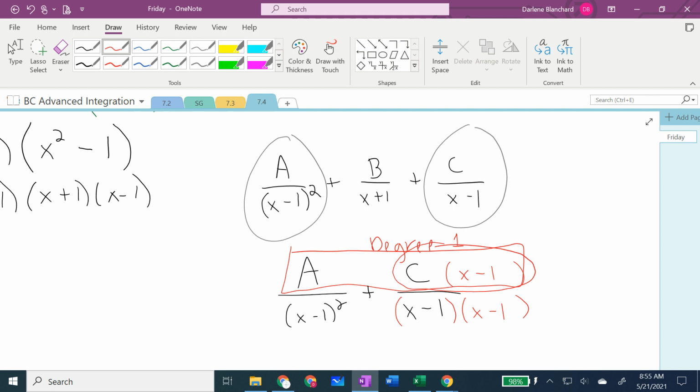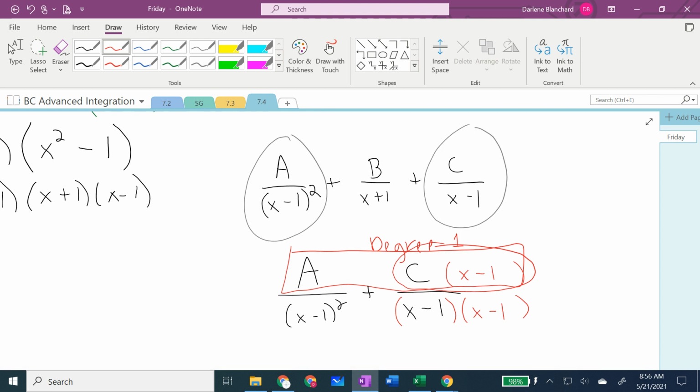As long as I began with a polynomial over a polynomial where the degree of the numerator was less than the degree of the denominator, then this will give me a new way to write that algebra. There are many ways to rewrite algebra. What fraction decomposition does is it gives us another way that it can be written, but it's not the only other way it could be written.